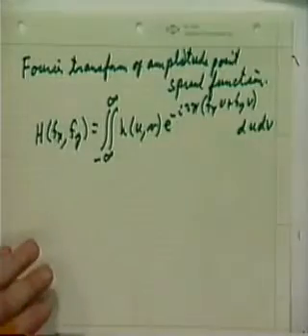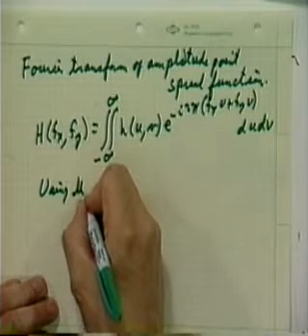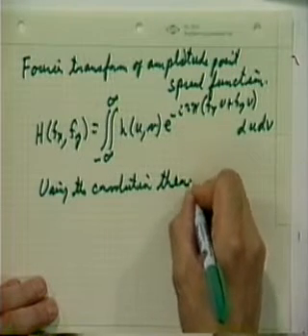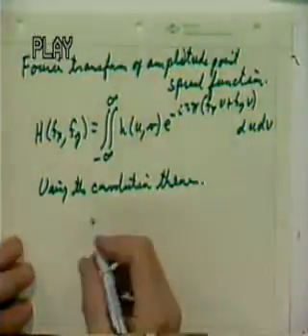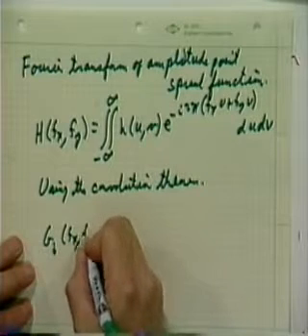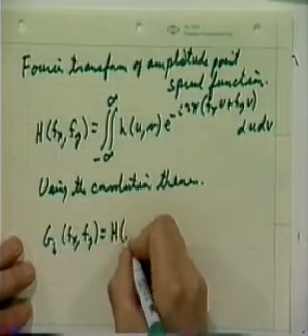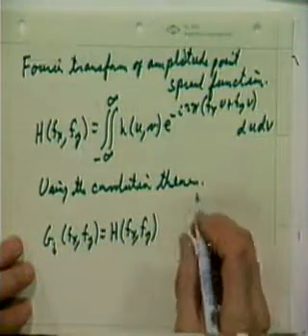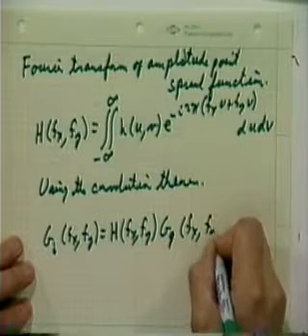And so if we use this old convolution theorem that Gaskill or someone taught us, we take the Fourier transform of both sides, and we get that the Fourier transform of u sub i, G sub i, is equal to the Fourier transform of the point spread function, which is what we're calling capital H of f sub x, f sub y, times the Fourier transform of the perfect geometrical image, so that's capital G sub g of f sub x, f sub y.